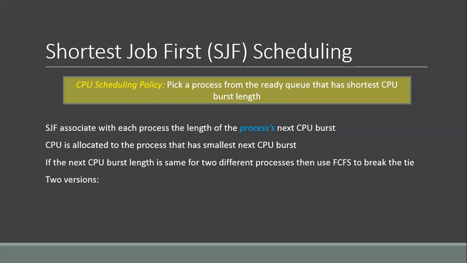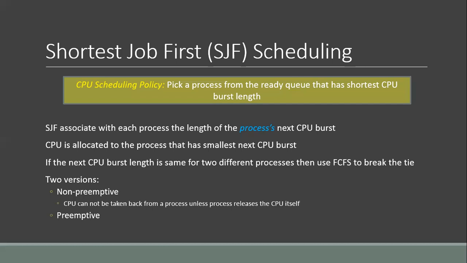There are two versions of the shortest job first scheduling algorithm, non-preemptive version and preemptive version. In non-preemptive version, CPU cannot be taken back from a process unless process releases the CPU itself.